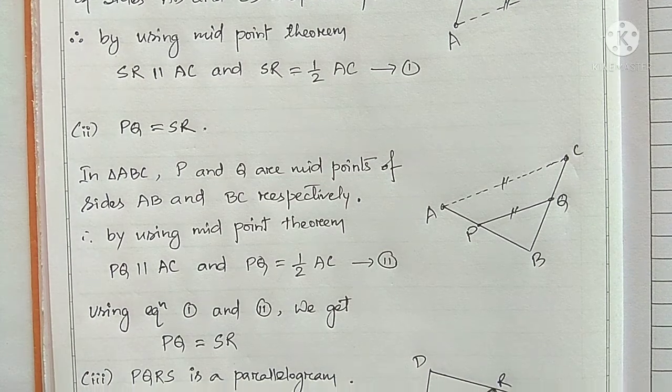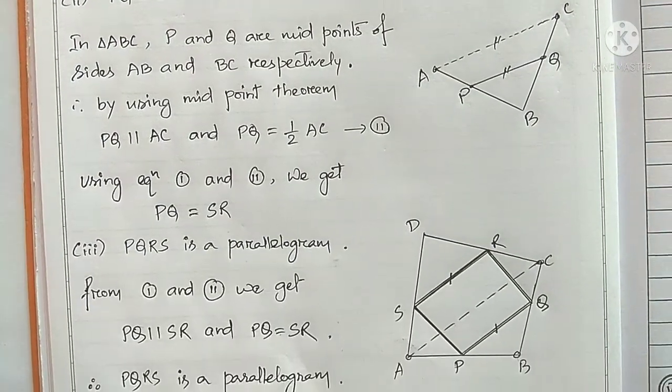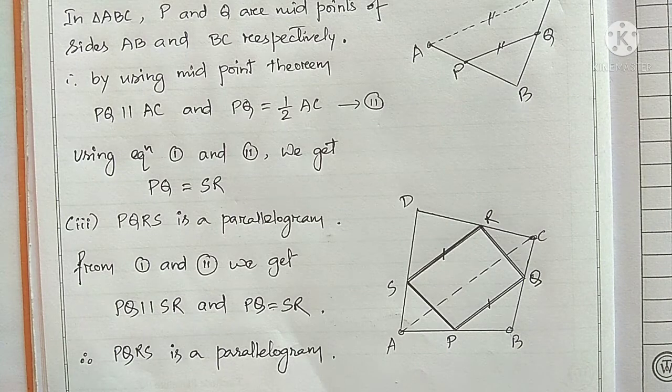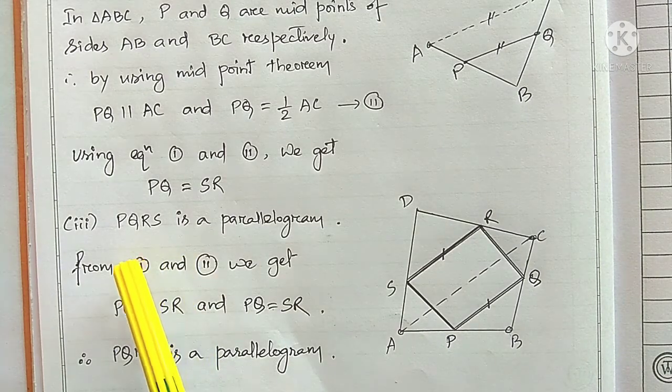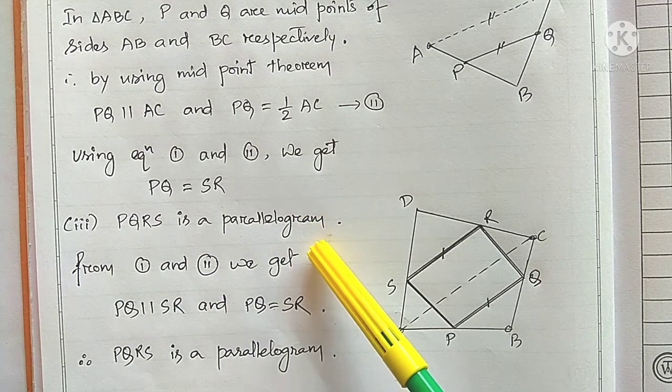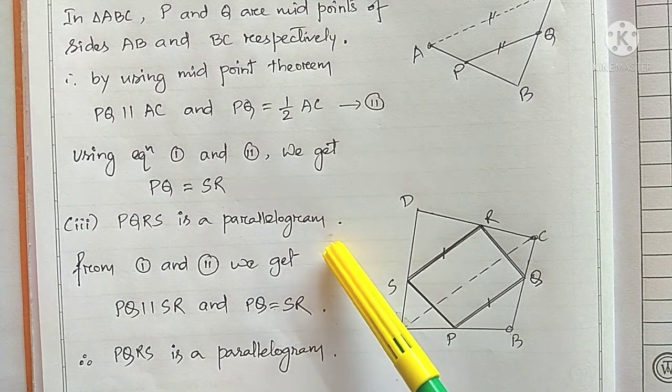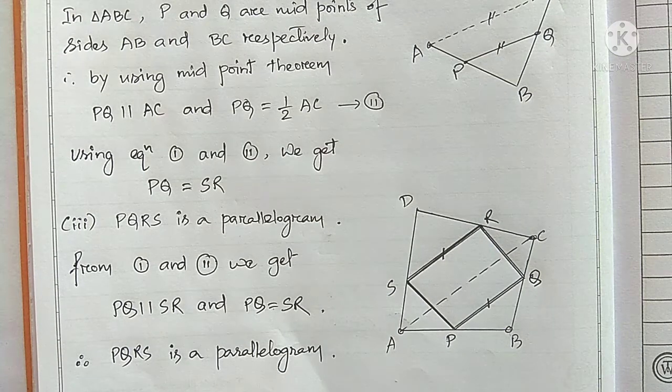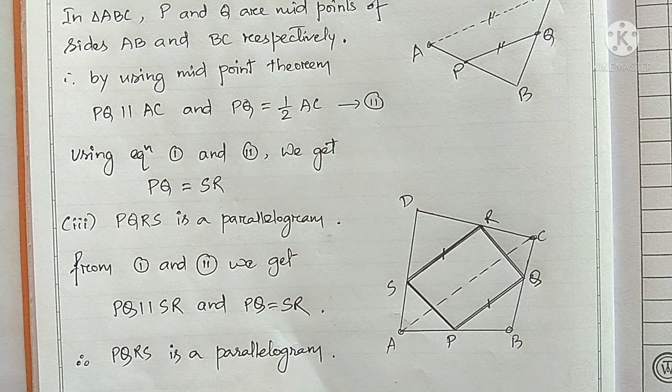Understood? Okay. Now finally the third part. Now what we need to prove? In the third case, we need to prove PQRS is a parallelogram. So first of all, to prove a parallelogram, what is the property of a parallelogram? Opposite sides are equal and parallel.